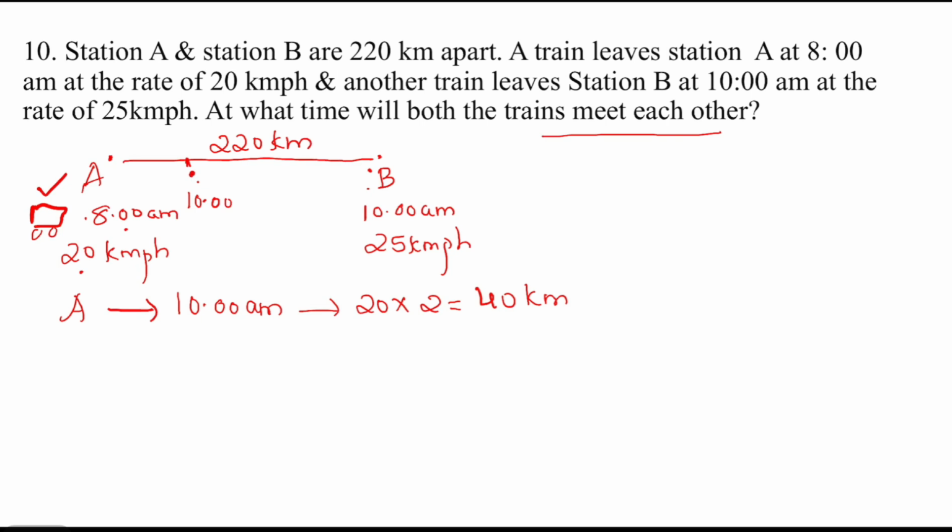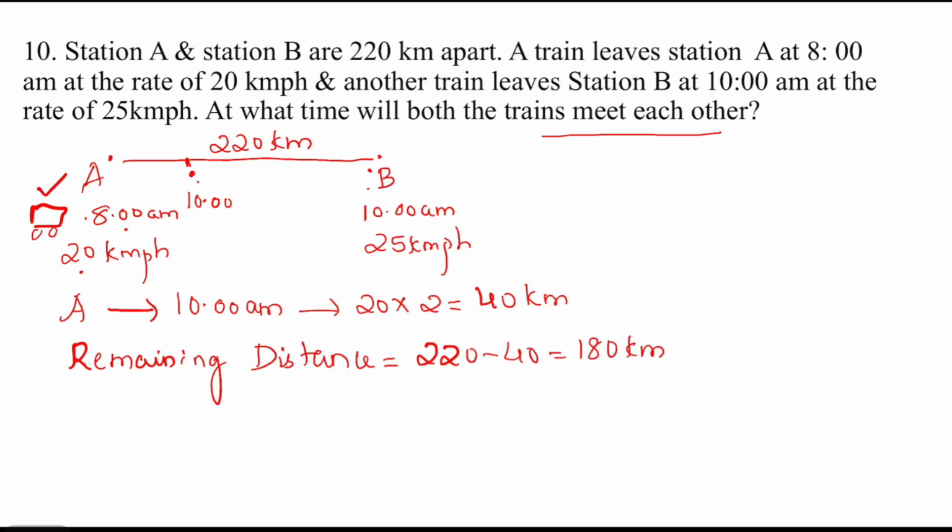So the remaining distance is 220 minus 40, which is 180 kilometers. Now the relative speed: because they are moving in opposite directions, the speeds get added. So it is 20 plus 25, 45 kilometers per hour.